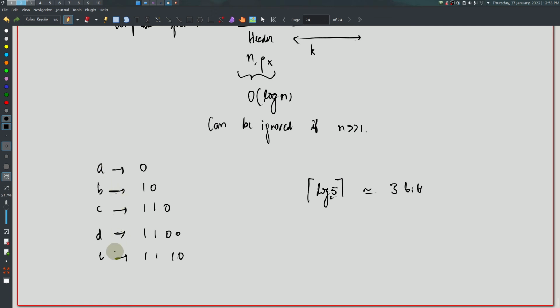So if you knew that your universe consisted only of A, B, C, D, and E as your alphabet, and you didn't do any compression, then you would represent each of A, B, and so on as a sequence of 3 bits, right? But now, by employing this variable length scheme, certain characters are going to take more than 3 bits, but some characters are going to take much less than 3 bits, and that is how you get compression.